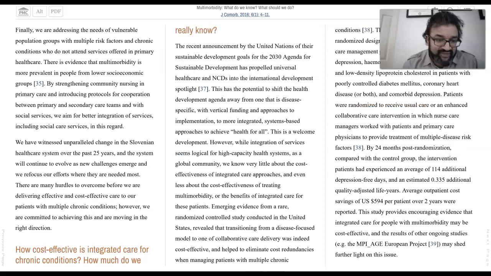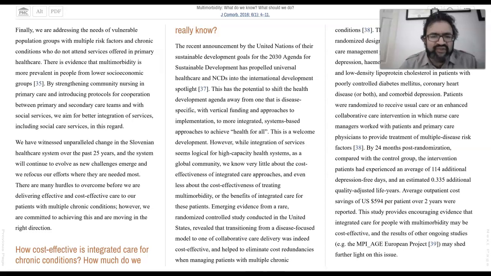How cost effective is integrated care for chronic conditions? How much do we know? Well, in the announcement for the Agenda for Sustainable Development 2030, of course, there's a discussion on universal health care. And so the shifting agenda away from disease-specific to an integrated, systems-based approach, health for all, it's good.